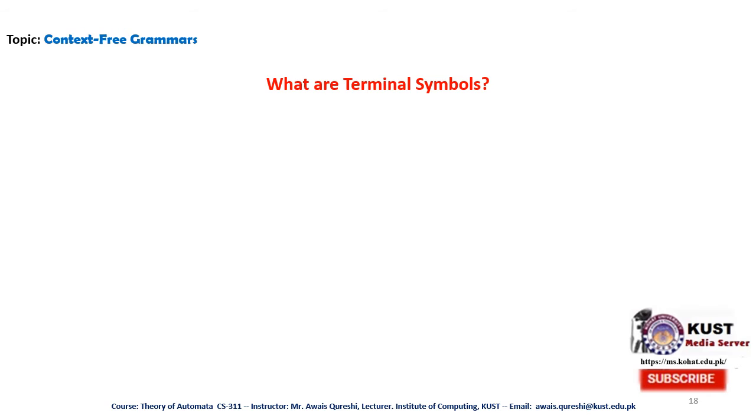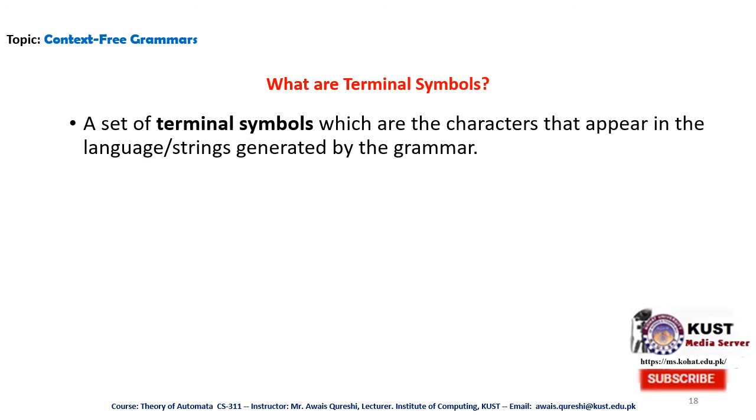So let's dig deeper and see what those specific terms are, like terminal symbols and non-terminal symbols. A set of terminal symbols, which are characters that appear in the language strings generated by the grammar. So these are the characters that appear in the language or strings, and those strings are generated by the grammar.